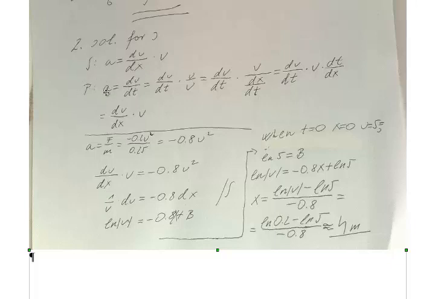We know that a is equal to dv over dt. We multiply by 1, so these are the same, and v is equal to dx over dt.